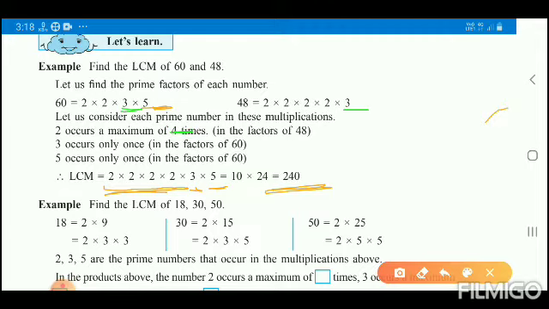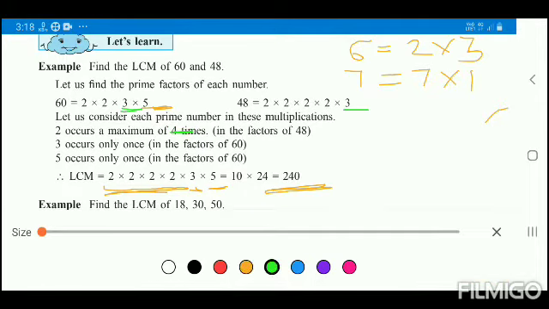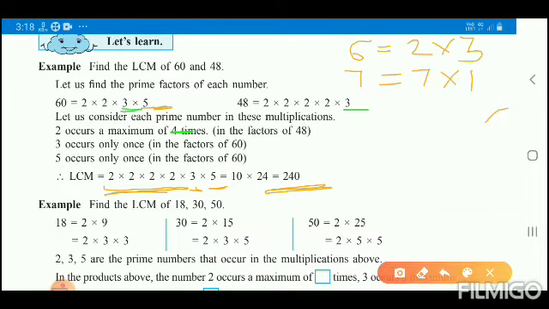By this method, we will see the LCM of 6 and 7. Okay. Factors of 6 are 2 multiplied by 3, and 7 is a prime number, so its factors are 7 multiplied by 1.